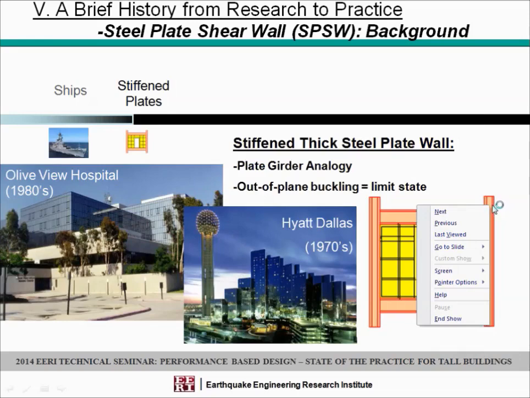I had a little bit of background in prior practice, where back in the mid-70s we had to do the Hyatt Regency Dallas in Seattle, and basically it had a lot of guest rooms, but it wanted to be open below the 3rd floor to allow a large meeting room and convention center.